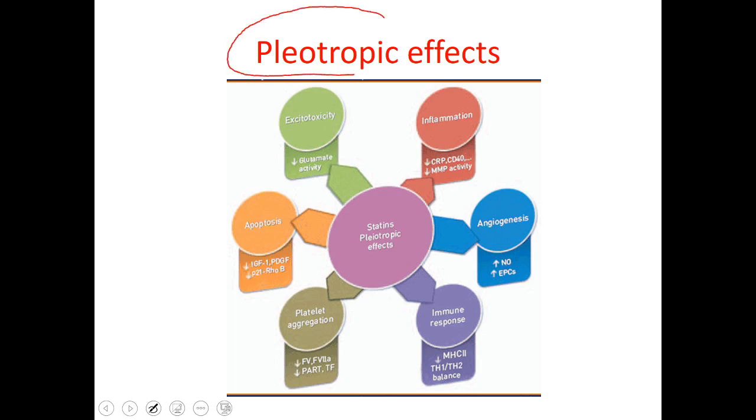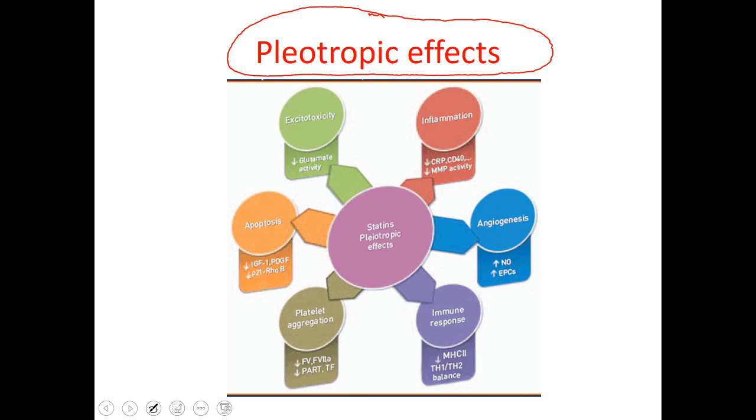In addition to these effects on the lipids, the statins have several other effects which are not directly related to either liver or cholesterol synthesis, and these are referred to as pleiotropic effects. Particularly, these effects are observed at higher doses of statins.